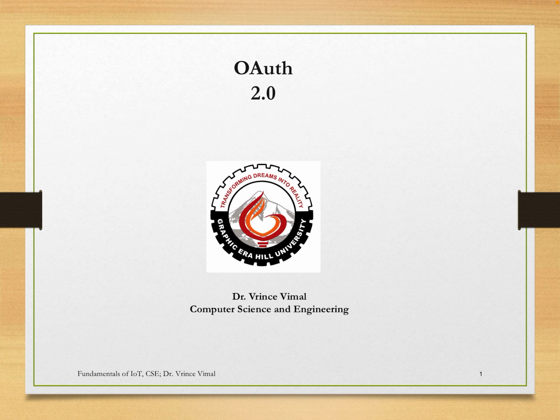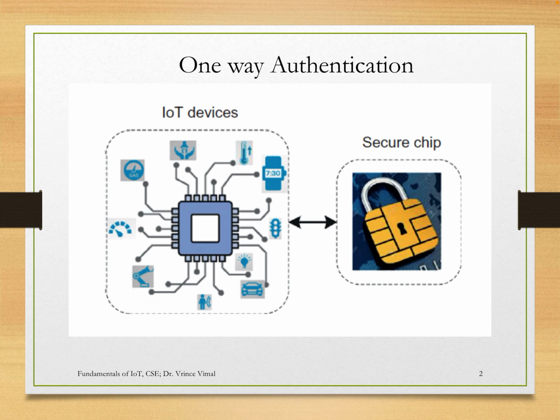Generally, internet websites that use passwords authenticate sites through the Secure Socket Layer, that is the SSL protocol. But in IoT it is difficult to use SSL directly because of the IoT scale and the constraints of the devices.